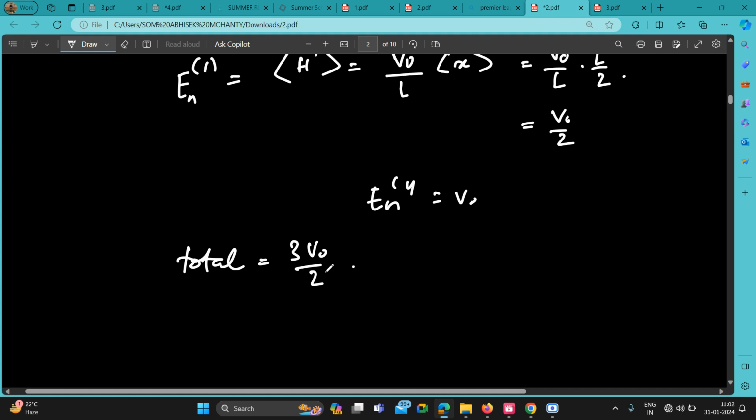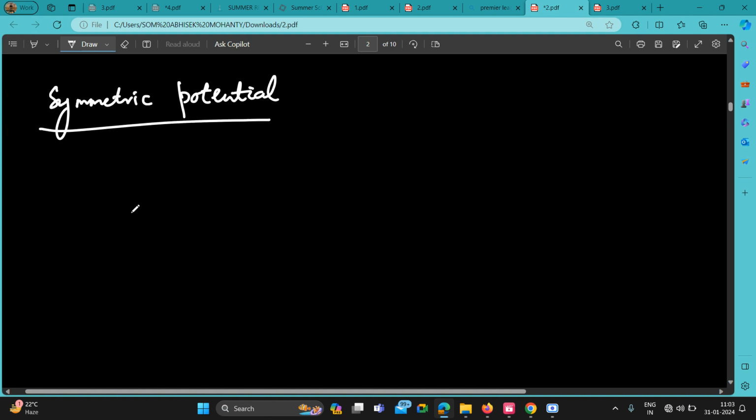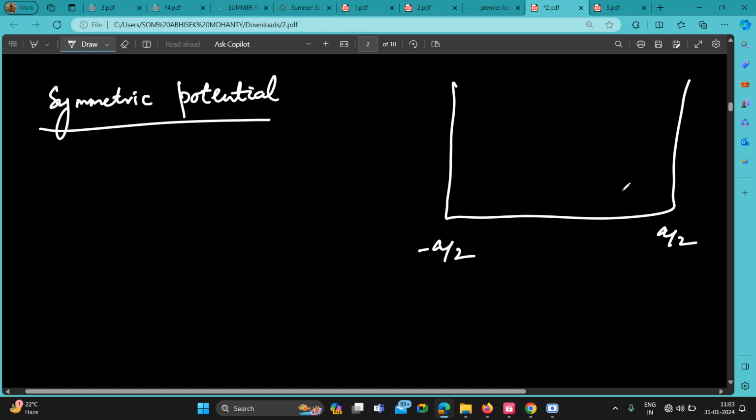Okay. Now let's come to symmetric potential. Symmetric potential, what will happen? This is a potential, suppose minus a by 2 to a by 2, 0. Okay, this is v naught.